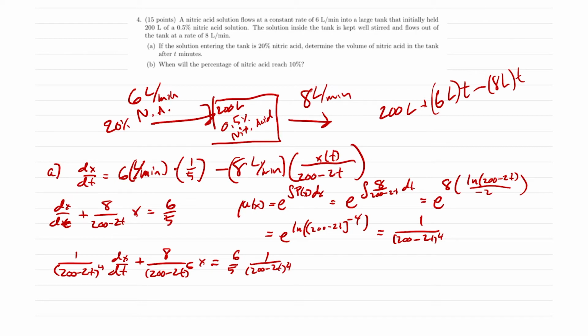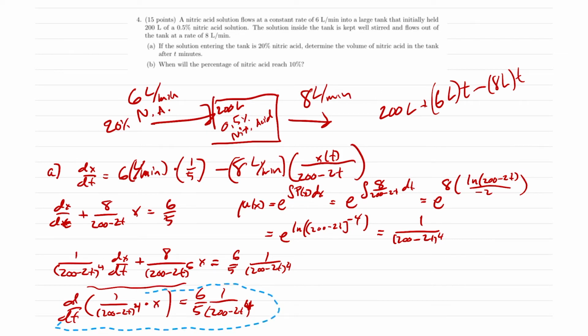Okay, so the whole point is to make it so that is mu. So our mu is 1 over 200 minus 2t raised to the 4, times x, and then we're taking d by dt. And this we keep on the other side, 6/5 times 1 over 200 minus 2t raised to the 4. So let's go ahead and do that.